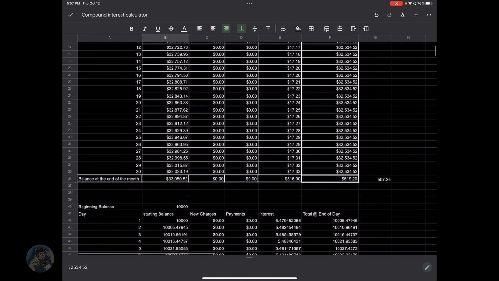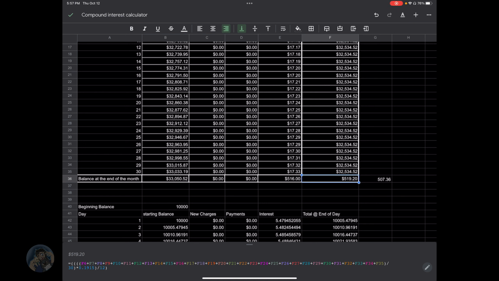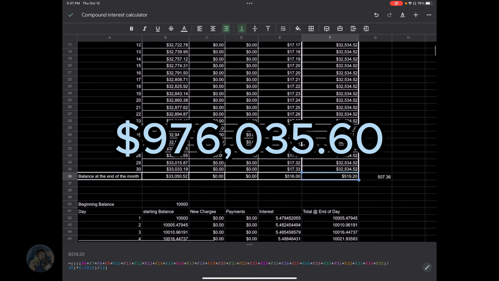Basically that math would be them adding up every single one of these rows. It would be $32,534.52 for every single day, right? Add it all up, and that'd be the 30 days. You add up all these numbers, and it gives you a massive number.